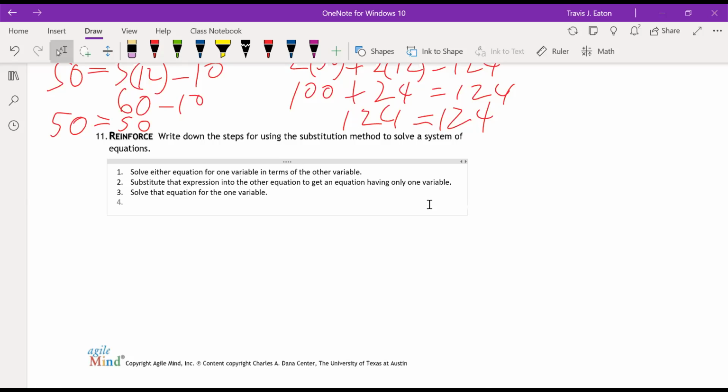Then there's a second substitution that you have to do. And make sure that you're writing this with me in your book as you go, because I will be expecting you to have this written down.